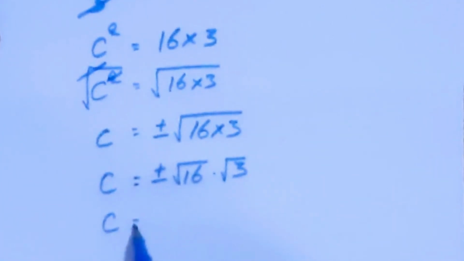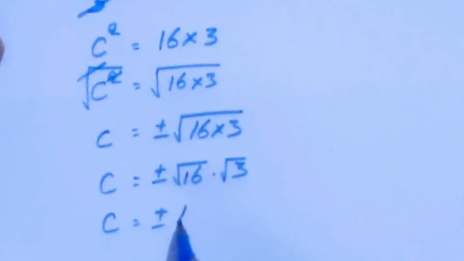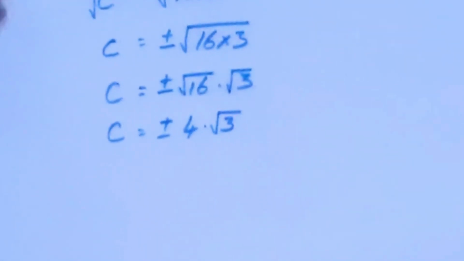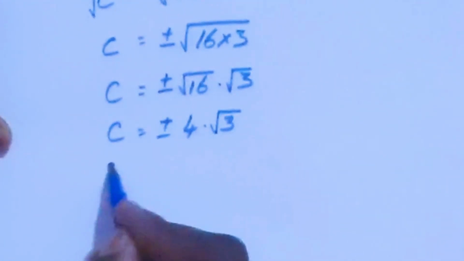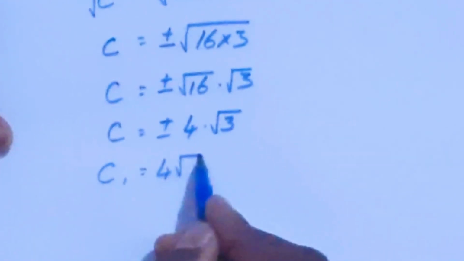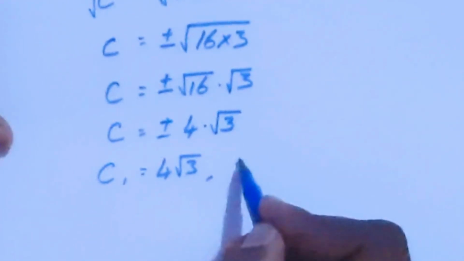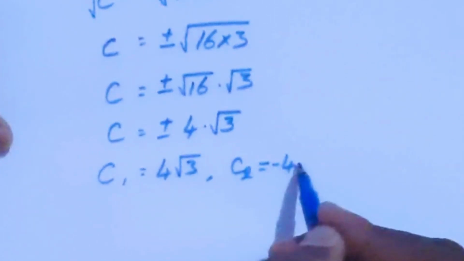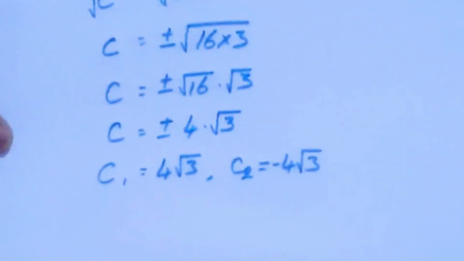Now C equals plus or minus, the square root of 16 is 4, times square root of 3. Here C1 equals 4 square root of 3, C2 equals minus 4 square root of 3.